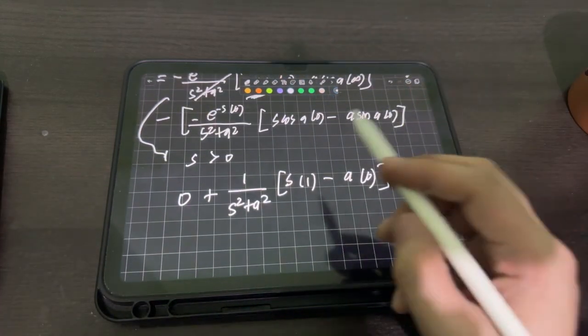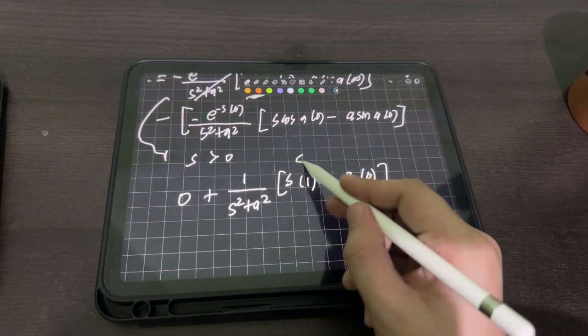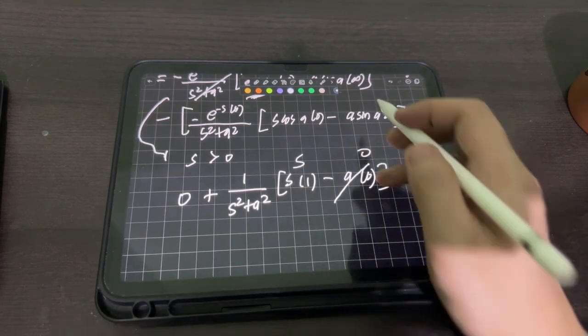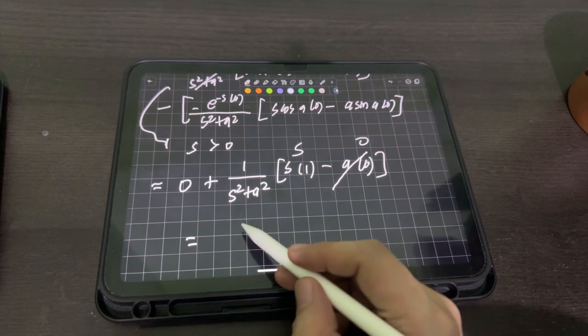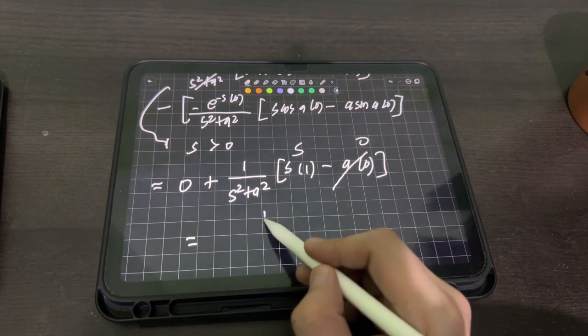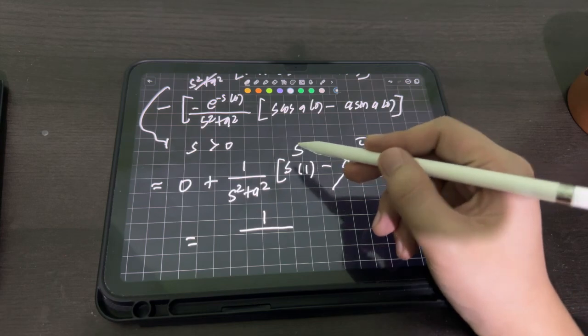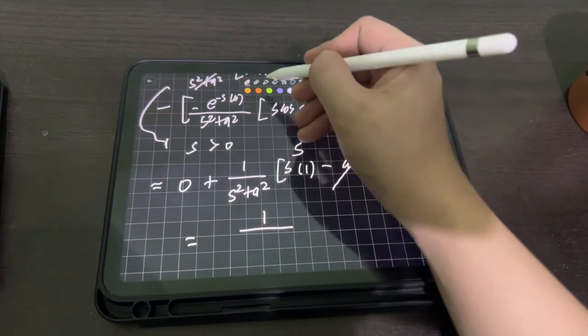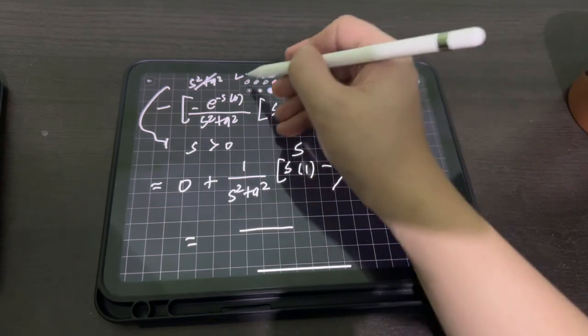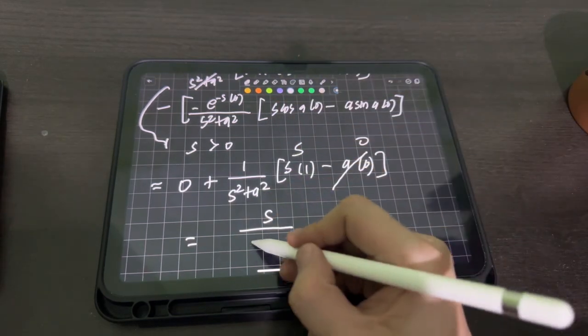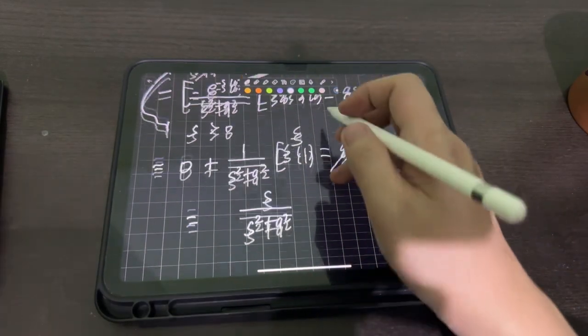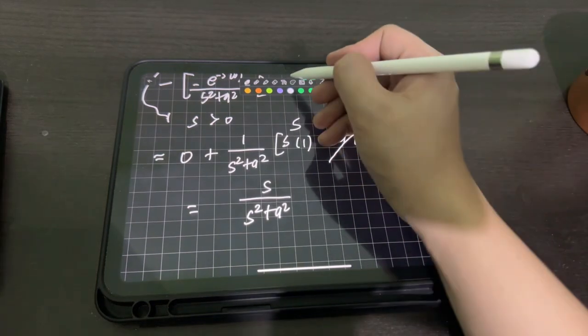Okay? So it's just equal to s. It's equal to 0. So simplifying, we will multiply the numerator with s. We will have s over s square plus a square. So this is the final answer.